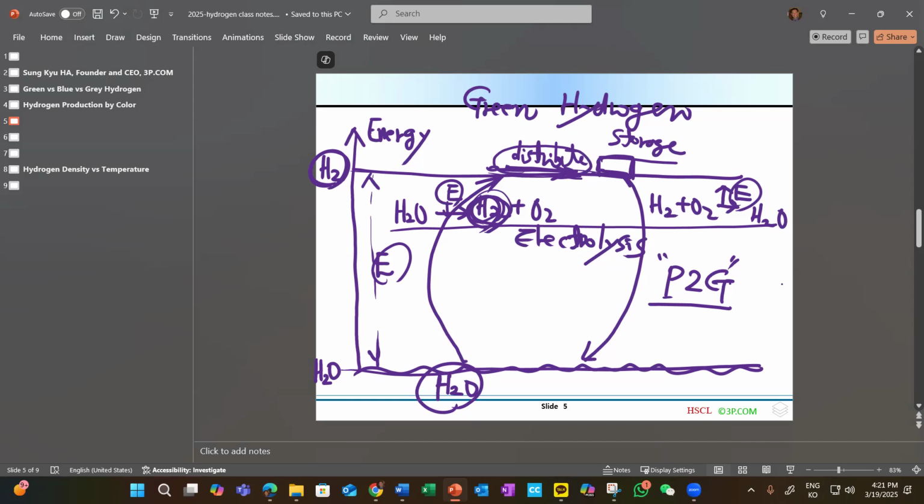So there are huge advantages with P2G. That's why not only Korea but also many countries are moving toward this new paradigm of P2G. So understanding P2G is critical.